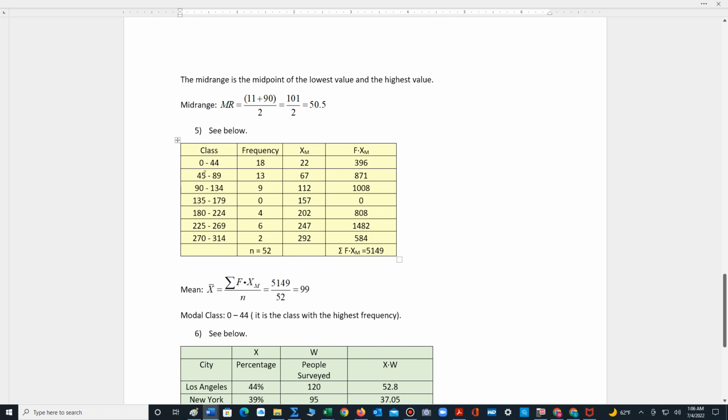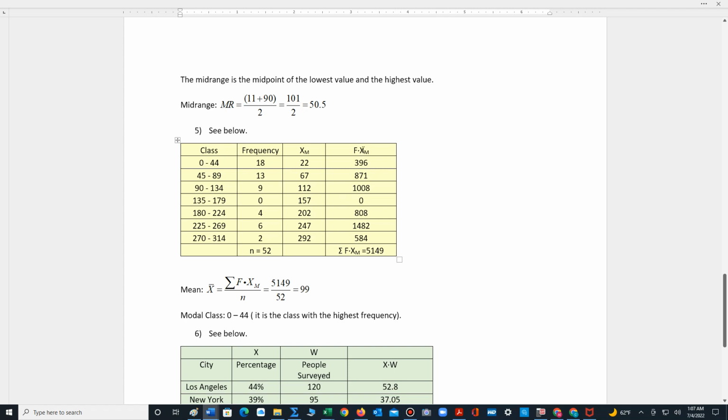And then we could repeat that pattern, add 45 and 89, divided by 2 to get 67. But then we notice that the class width is 45. So each class is separated by 45. This means that each midpoint is separated by 45 as well. So to rapidly compute all the values in this column, we simply add 45 continuously until we fill up this column.